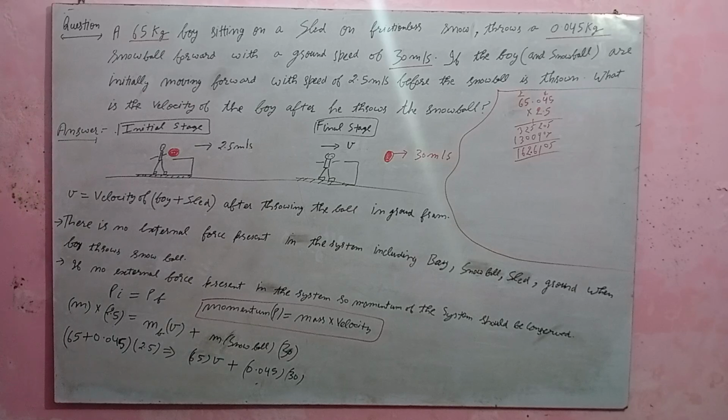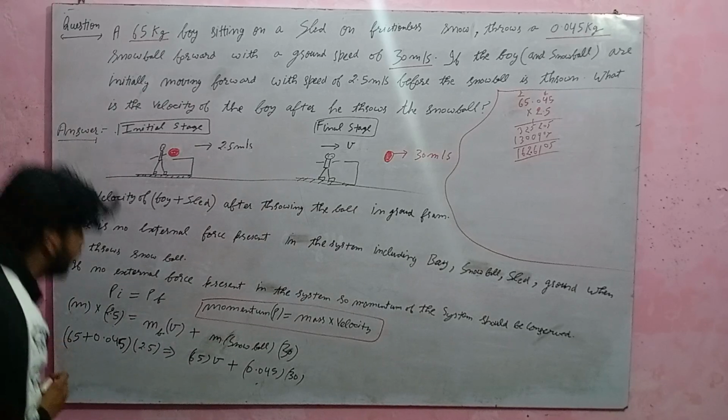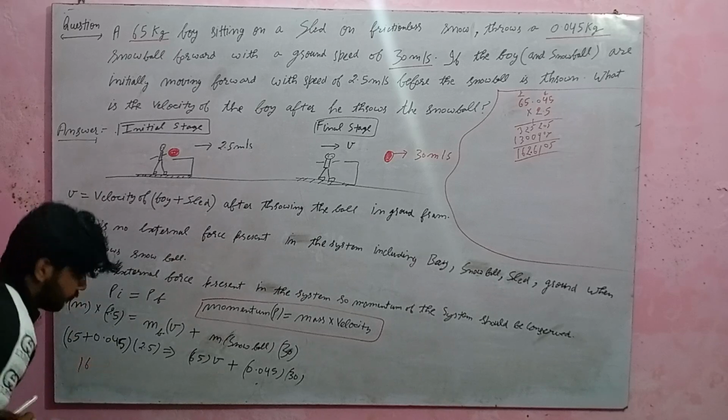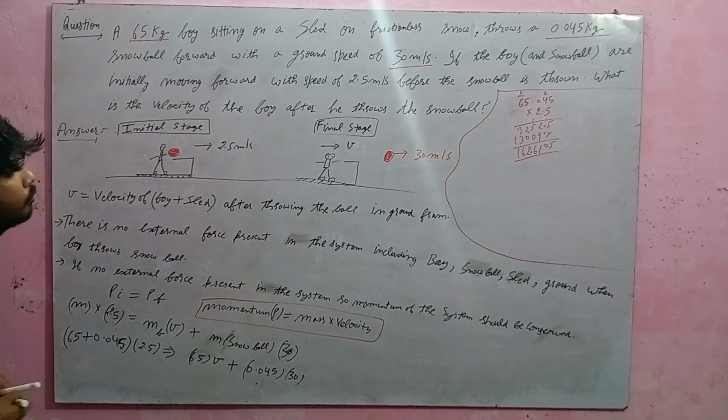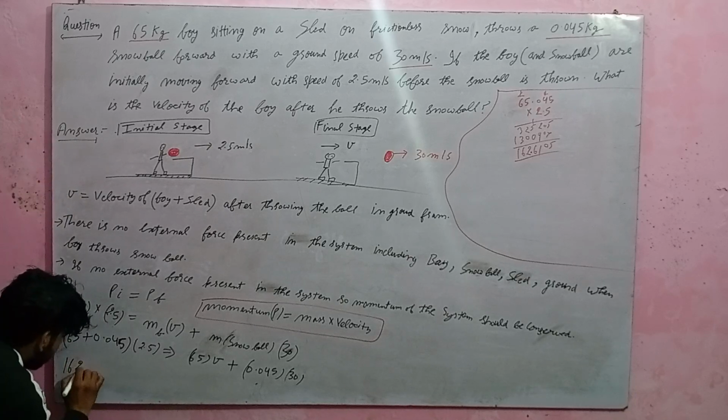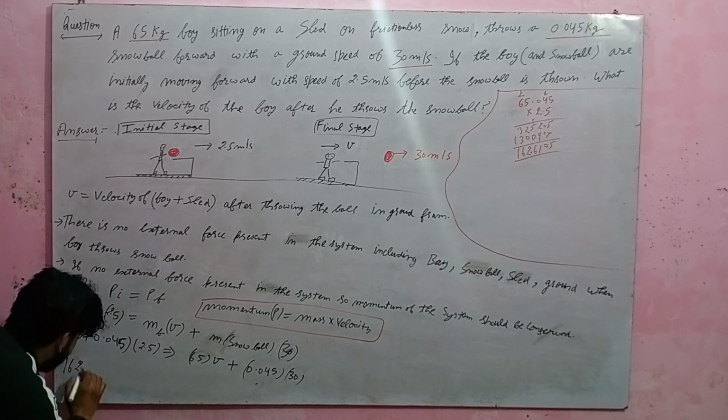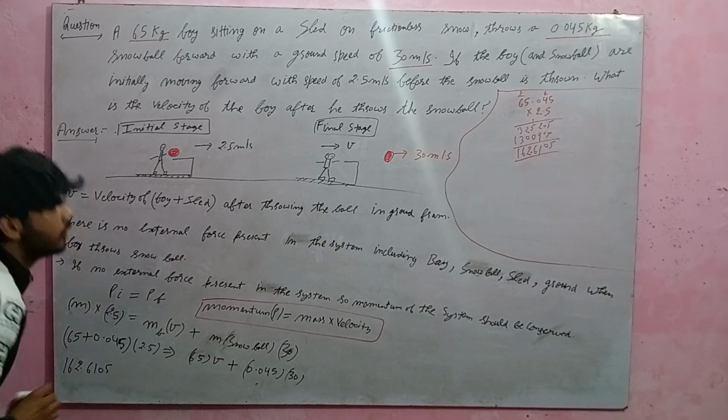Then the value we get after multiplying is 162.6105.